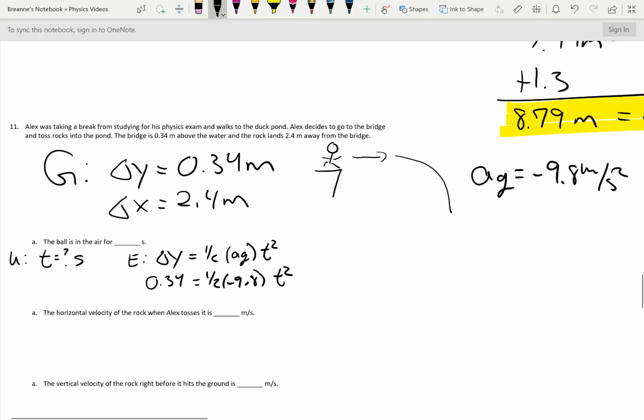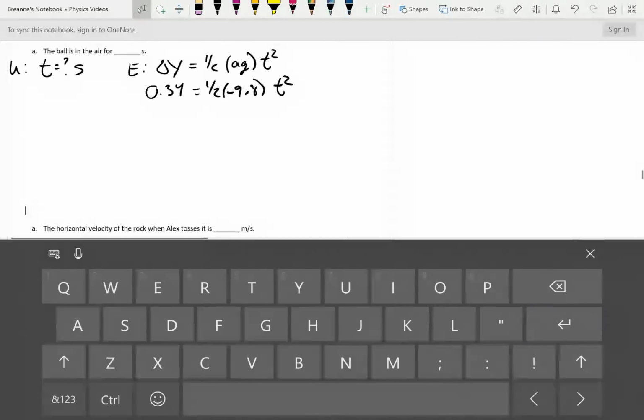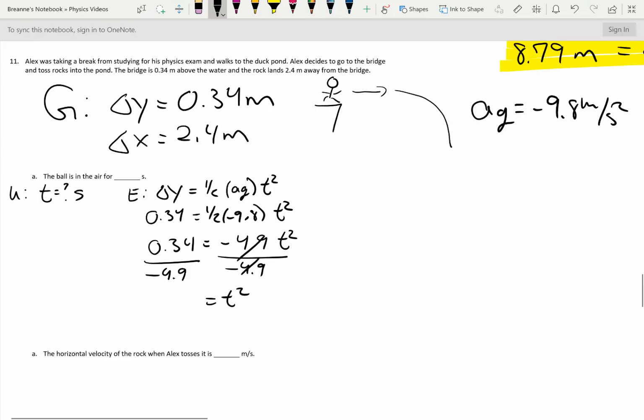Go ahead and multiply that, so you get negative 4.9 t squared. We need to divide since they're being multiplied, so you're going to end up doing 0.34 divided by 4.9.